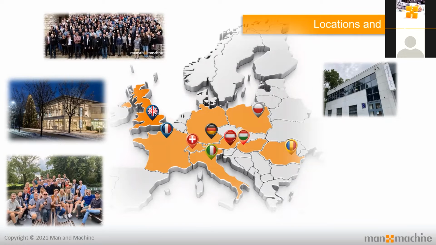When you look at countries like Austria, Switzerland, Italy, France, Romania and Poland, to name a few, we are able to support you, not just in the UK, but if you have international projects and need a more localized account manager who can communicate with your client or colleagues in the native tongue, we're able to do that. And we've been doing that a hell of a lot over the last couple of years.